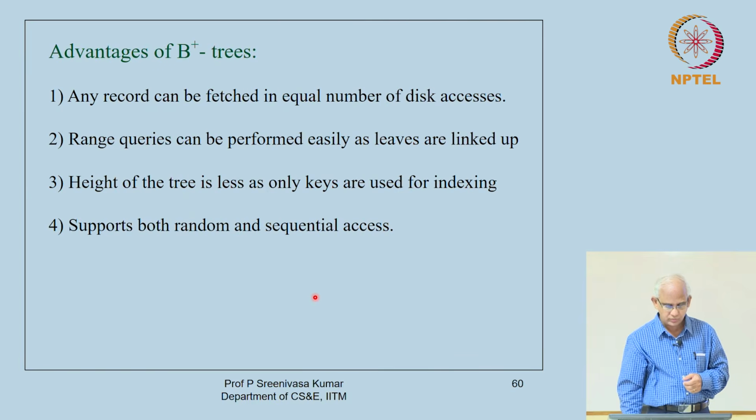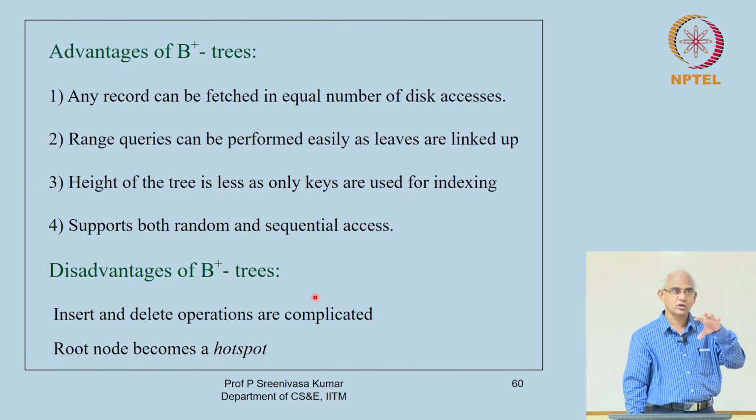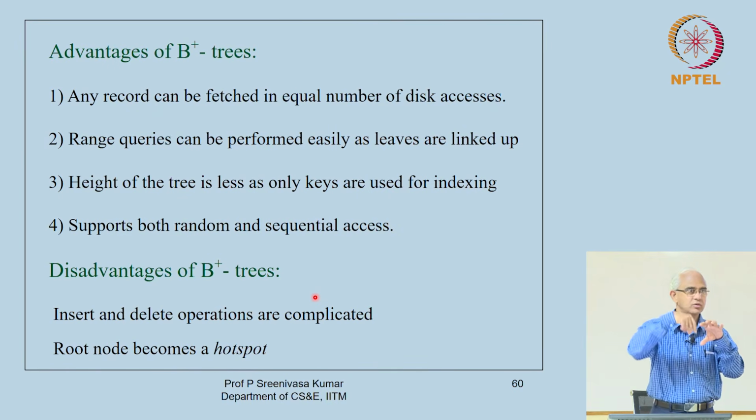Only one issue with the B+Trees is that all the accesses have to go through the root. The root block of the structure is the most sought after thing. Everybody has to start their search through the root.